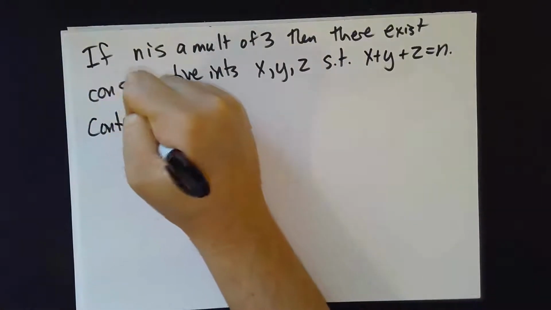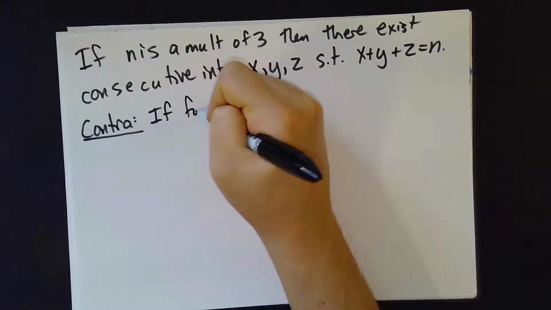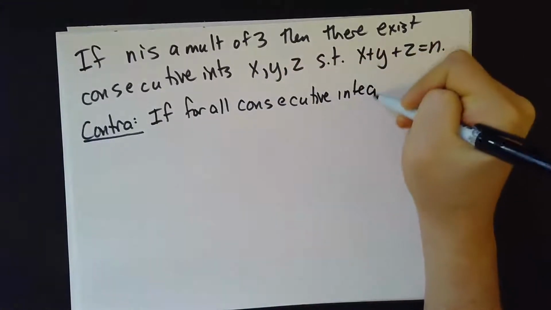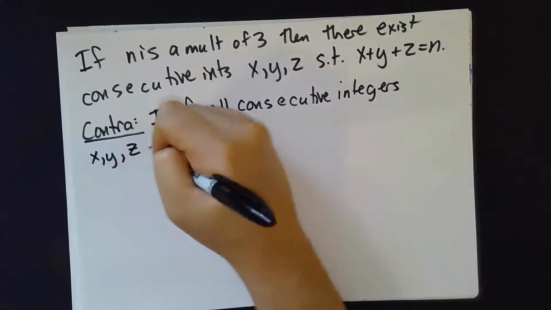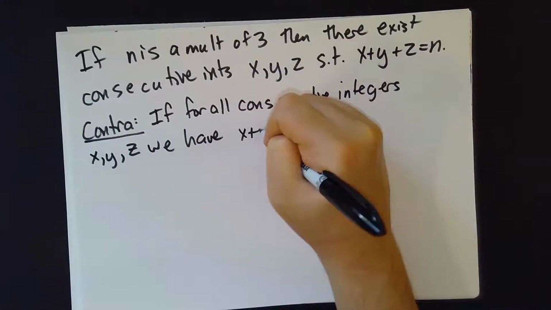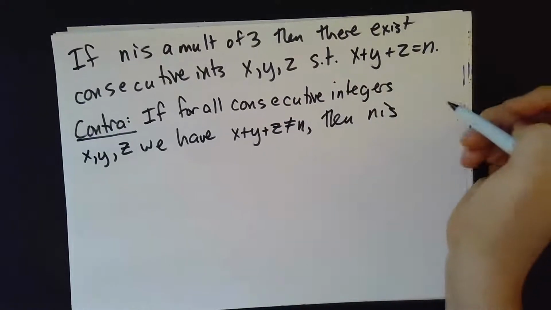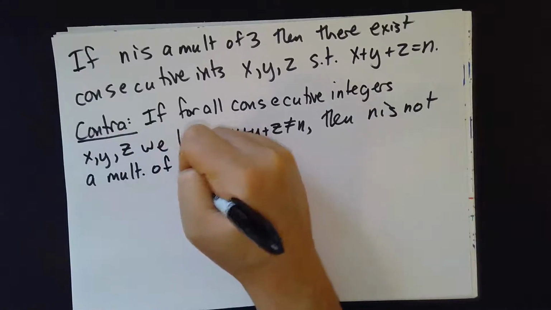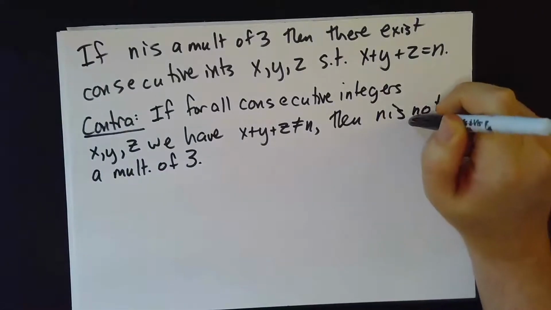So the contrapositive here is: if for all consecutive integers x, y, z, we have x plus y plus z is not n, then n is not a multiple of 3. For what it's worth, I do not think this is a helpful contrapositive, but that's what the contrapositive says.